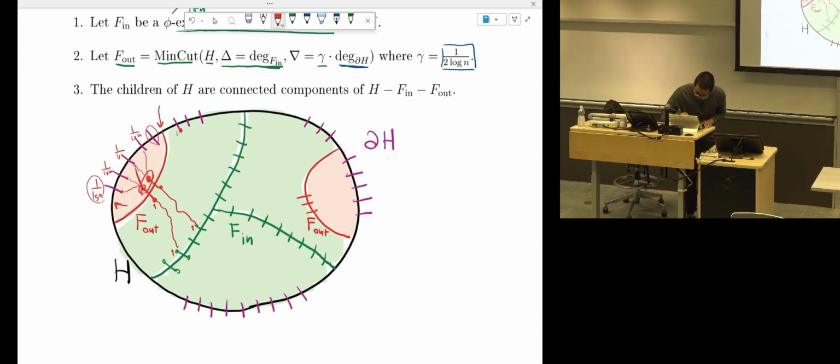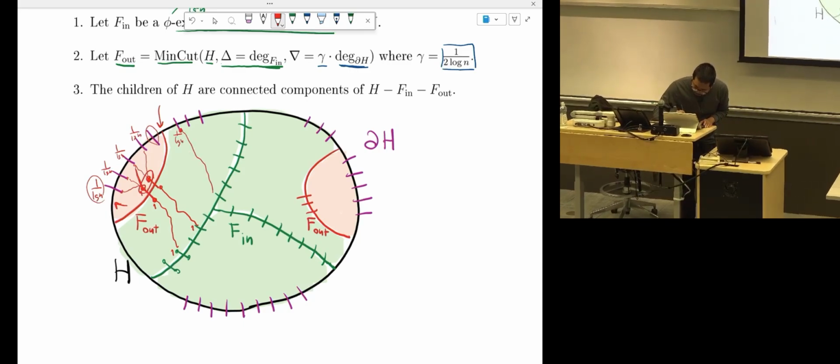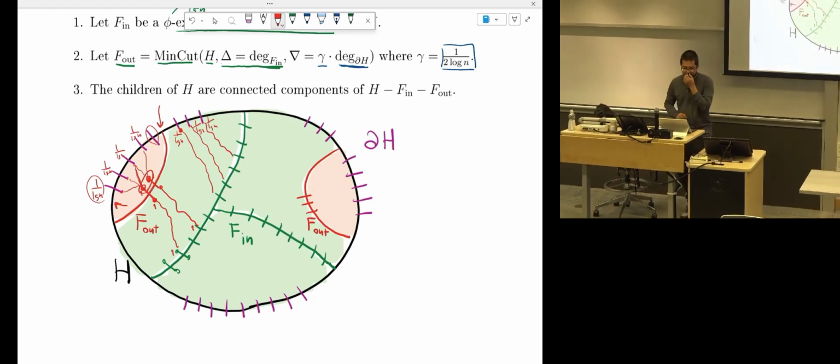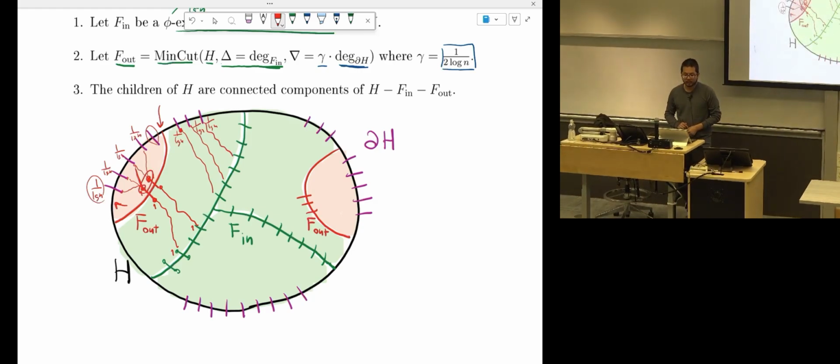This one will send 1 over log, 1 over log, 1 over log, 2, yeah. And a similar thing happens here, right? Okay, is the picture clear?